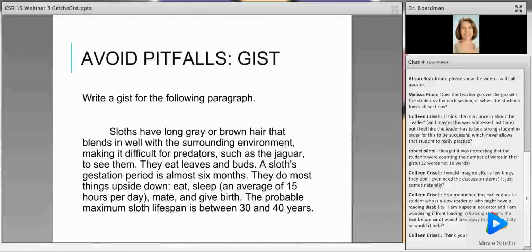So as you are planning your lessons for Get the Gist, you need to preview your reading and think about whether or not the sections actually have main ideas, or if, like many textbooks, they're just lists of facts or information. You also need to think about what your purpose is for having students read.